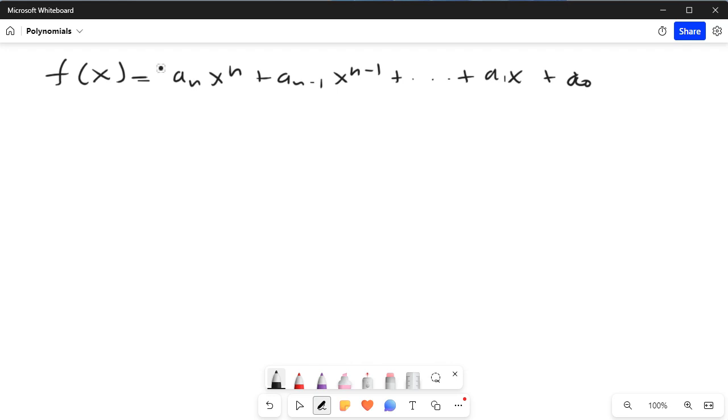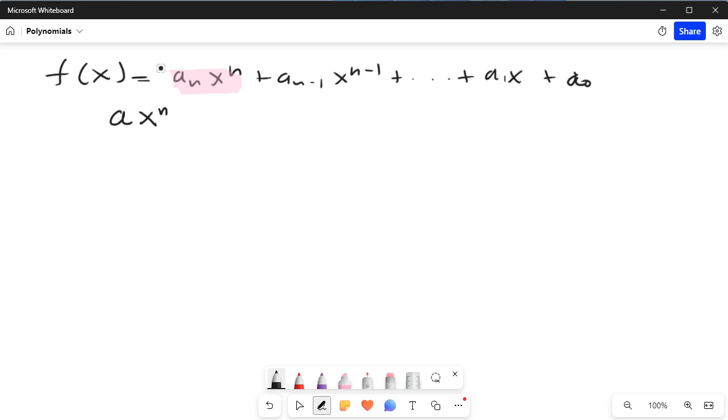Let's say that we just focused on the first term. That's going to help us in determining the end behavior of any polynomial. For the purpose of looking at the end behavior, let's just call the leading coefficient A for now, because in actuality it's just a constant.